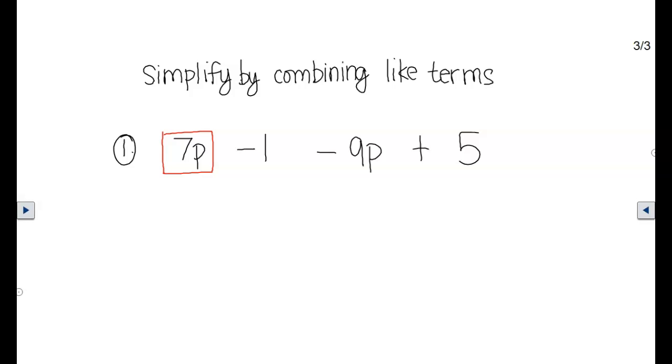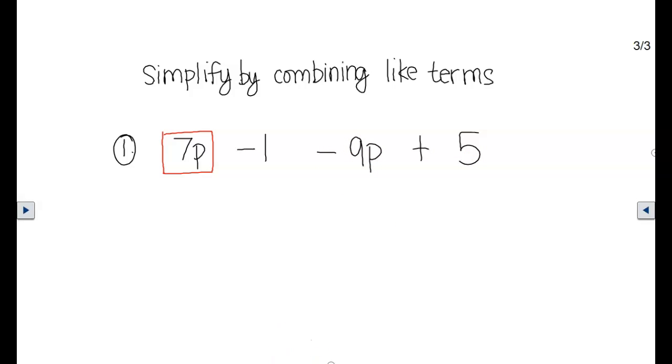So now what I'm going to do is look down the rest of the problem and see if anybody up here is a like term for him. Anybody who's a like term for him would have to have p as the last name. So this term doesn't have a last name. This term has p as the last name, and this one doesn't have a last name. So right here is a like term.